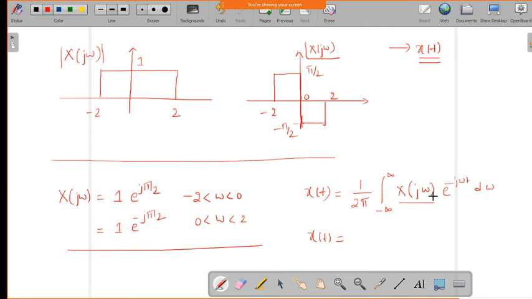Have you got the answer? So substitute it, which is equal to 1 over 2 pi, with plus j omega t, right?